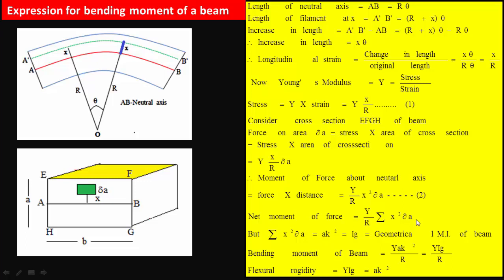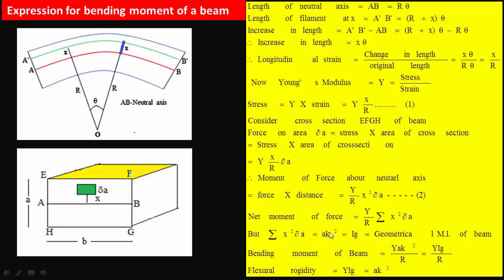But here we are considering the cross-sectional area, and therefore the term summation x square dA is nothing but the moment of inertia Iz, and this is called the geometrical moment of inertia of the beam. We use the word geometrical because here, instead of mass, we have the area of cross section, and this is also given by A k square.